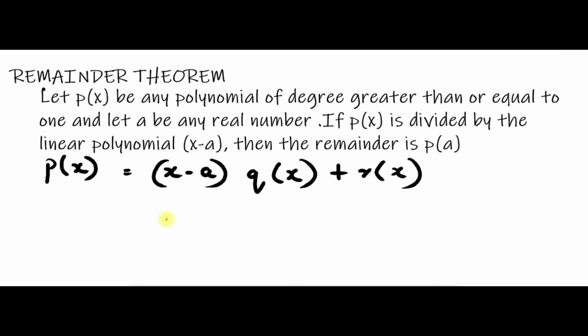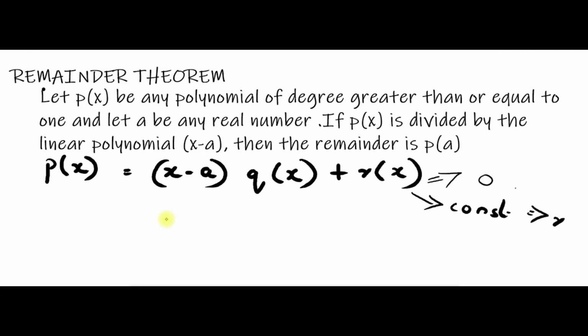Since the degree of x minus a is 1 and the degree of r of x is less than the degree of x minus a, we can state that the degree of r of x is equal to 0. So, r of x is a constant. That can be written as r.